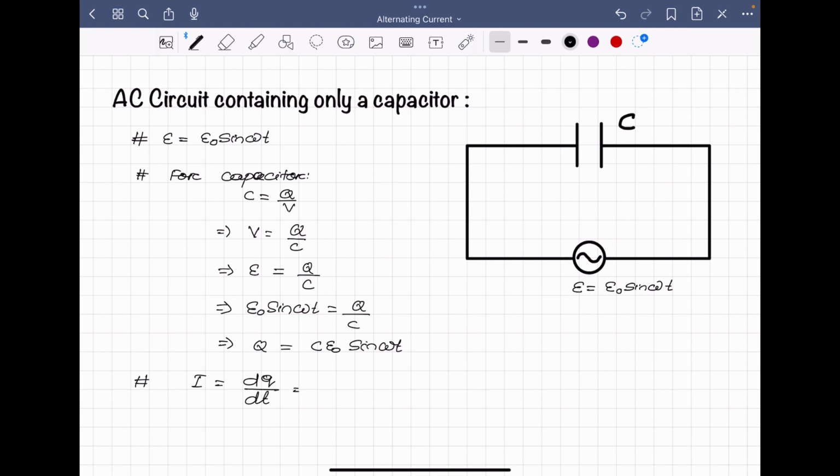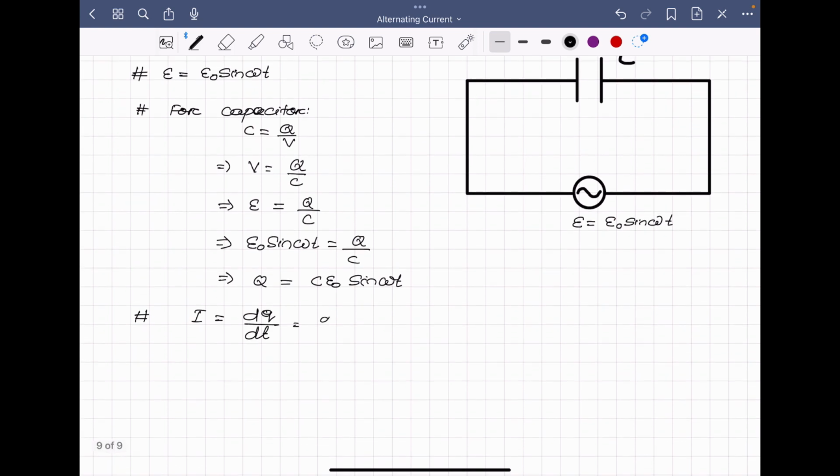Then we have to differentiate the above wave equation: d by dt of C E naught sin omega t. C E naught is taken outside as it is constant, and the derivative of sin omega t is cos omega t into omega.